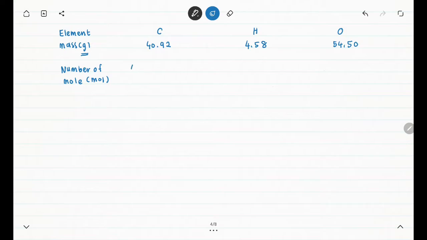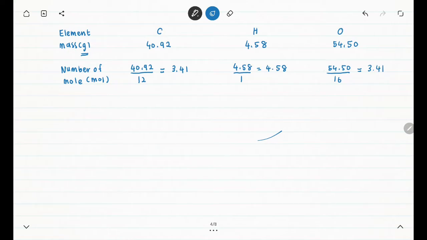So for carbon, 40.92 divided by 12, you will get 3.41. And then mole of hydrogen is 4.58 divided by 1 equals 4.58. And then for oxygen, 54.50 divided by its atomic mass, 16, so you will get 3.41.